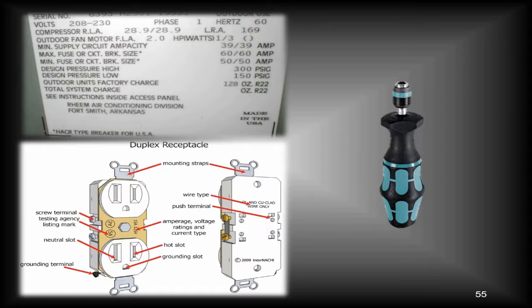Look at some of the things that are on these labels here. For instance, in the upper left hand corner you see an air conditioner nameplate. Notice where it says maximum fuse or breaker size. If it says maximum fuse and that's it, with no breaker size or anything like that on there, just maximum fuse size or something like that, that's a command.